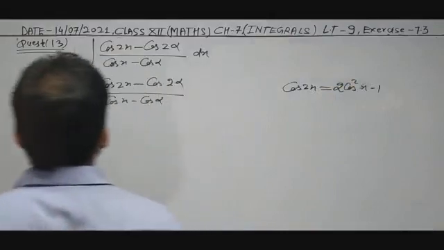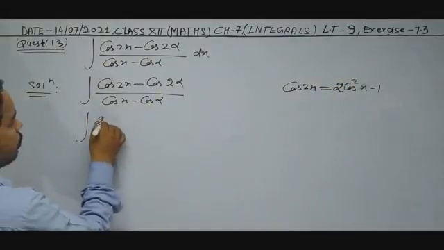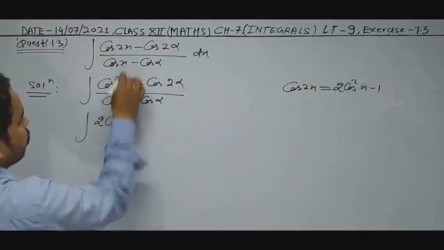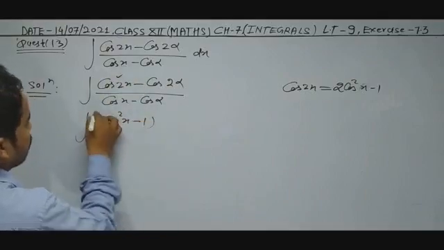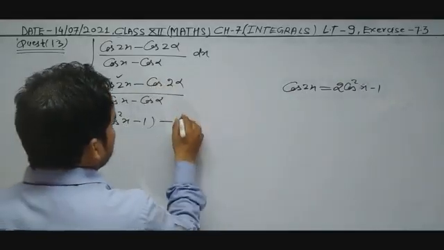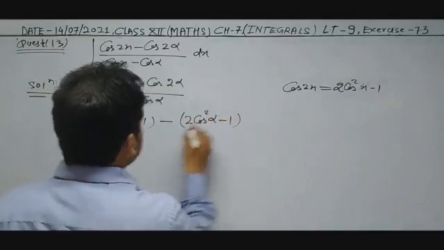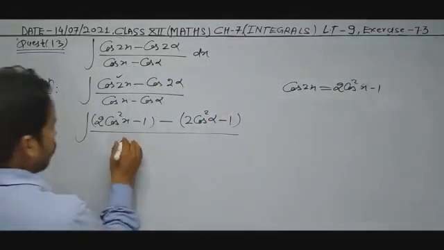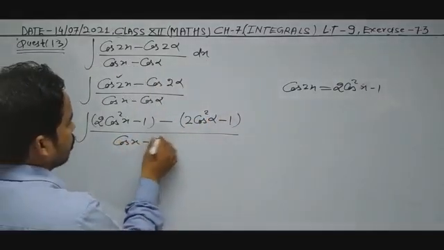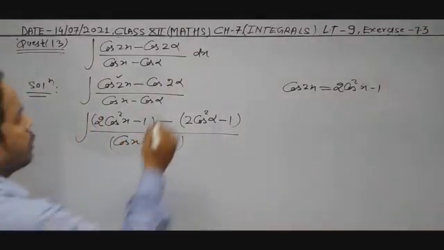You know. Similarly, you can write 2 times cos square x minus 1 at the place of cos 2x. Similarly, you can write cos 2 alpha means 2 times cos square alpha minus 1 and whole upon cos x minus cos alpha and dx.